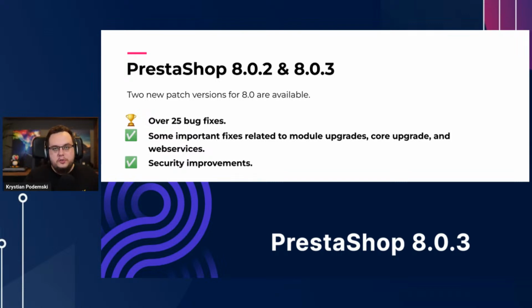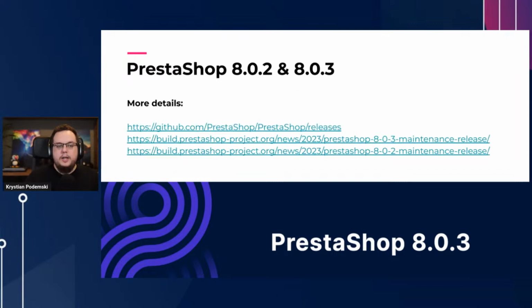So if you use PrestaShop 8, be sure to upgrade to 8.0.3. And spoiler alert, there will be 8.0.4 and 1.7.8.9 in a couple of days. For more details, you can follow those links. I will of course share the presentation after the live update, so you can click all the links.